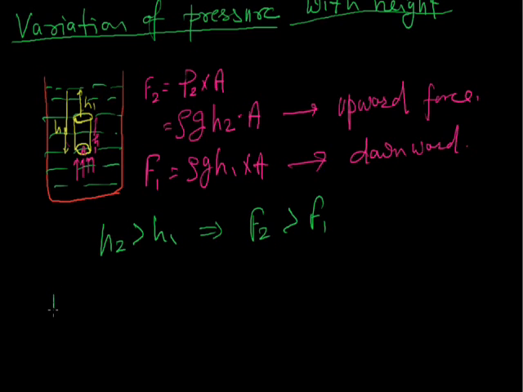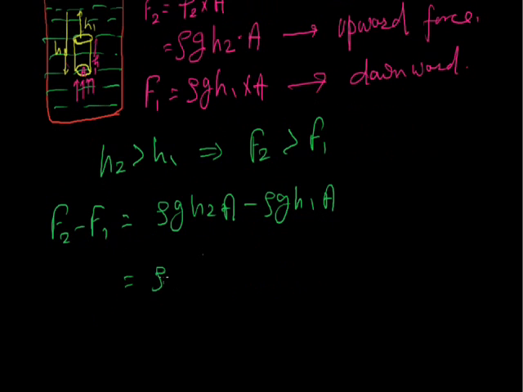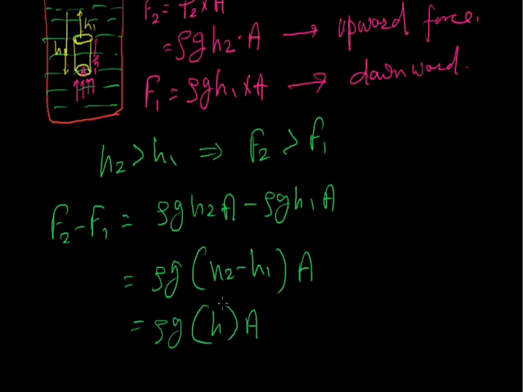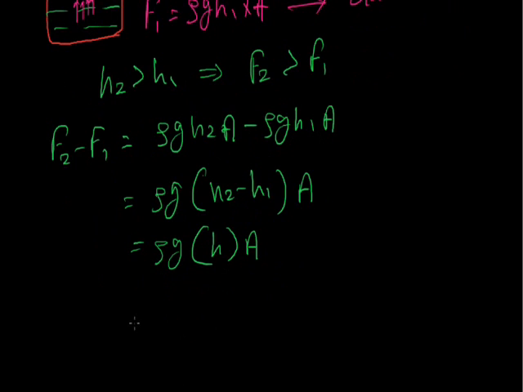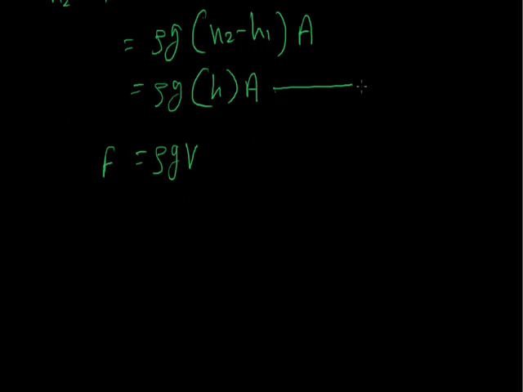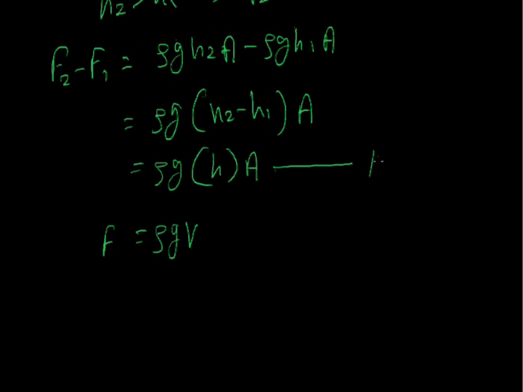Then the resultant force F2 minus F1 will be equal to rho g h2 A minus rho g h1 A, that is rho g (h2 minus h1) A, which is rho g h into A. Here depth and area of cross section give the volume, so rho g V is the resultant force.